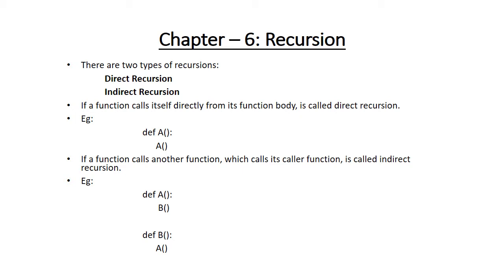If a function calls another function which calls its caller function, then it is called indirect recursion. An example is given below. Define A, inside that function B is called. And in function B, A is called. That's called indirect recursion.